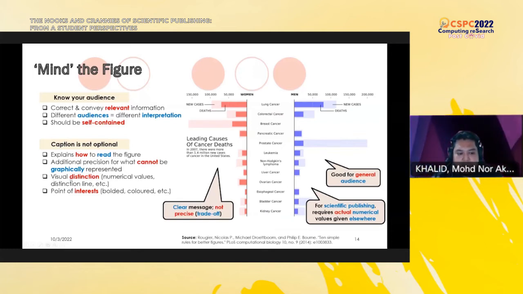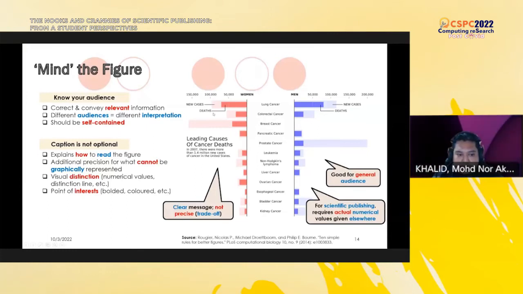And visual distinction. It's good to have visual distinction in your caption as well. Sometimes you can mention how many lung cancer cases there are. If you depend on the figure alone, your caption doesn't explain, right? You don't have the exact number. That's why in scientific publishing, if you have this kind of figure, maybe your caption can provide the number, meaning that lung cancer for women has 90,000 something.